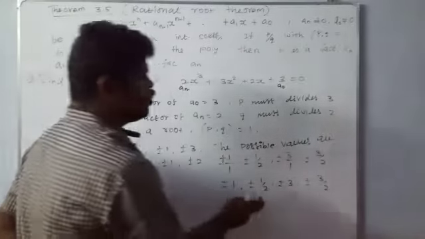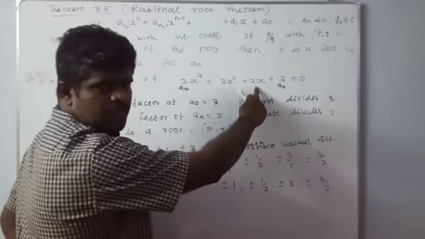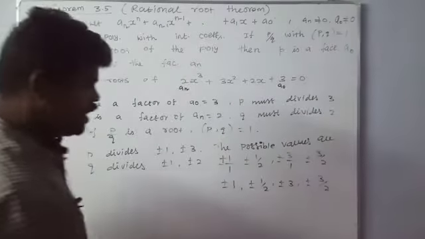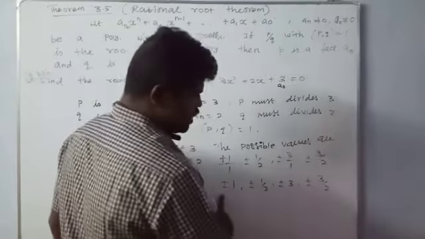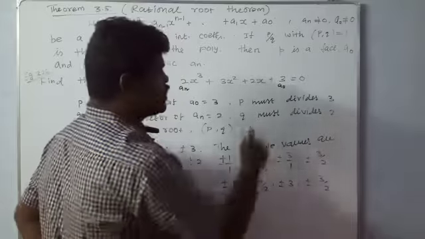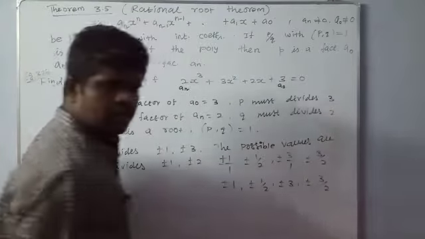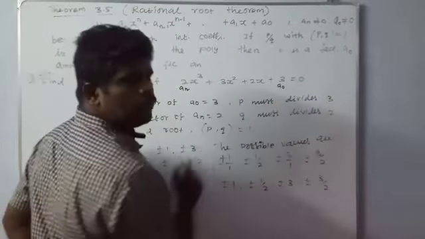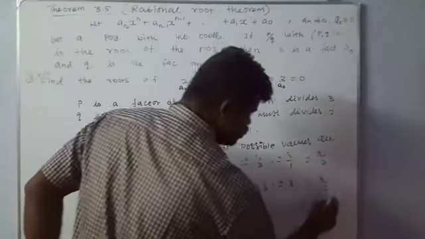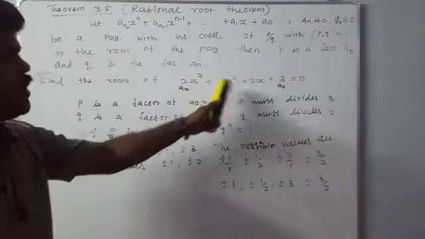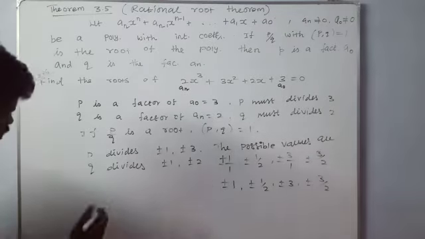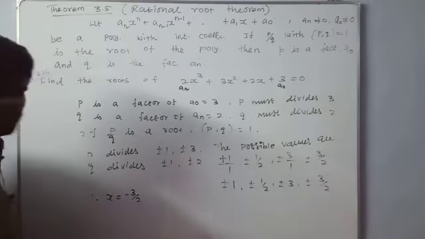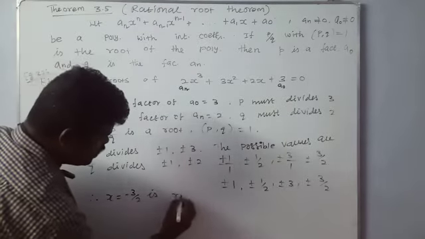For each value we put into p of x, it should come out 0. But these values do not give 0, you can check it, and plus 3 by 2 also does not give 0. Only minus 3 by 2 gives p of x equal to 0. Therefore, x equal to minus 3 by 2 is a root.